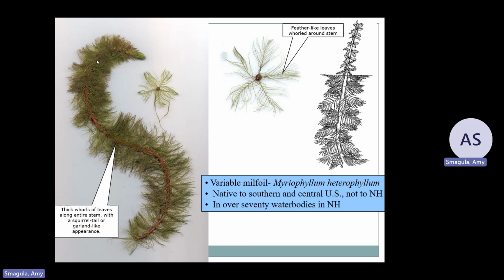The variable milfoil has really thick leaf growth along the main stem, and the stem itself can be reddish or greenish or brownish sometimes. But it's really the density and the fullness of this growth along the stem that help with an ID, among other factors.